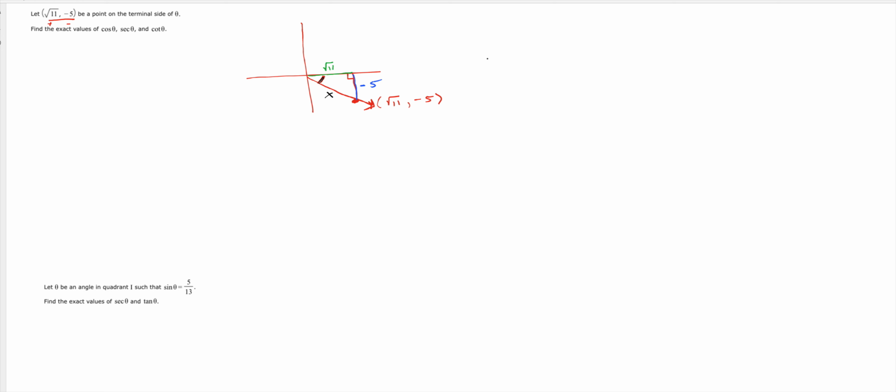Let's remember, when I'm using the Pythagorean theorem, it's a squared plus b squared equals c squared. The a squared and the b squared have to be the legs of the triangle. The c squared is the hypotenuse, opposite the right angle. So we'll say the square root of 11 squared plus negative 5 squared is equal to c squared.